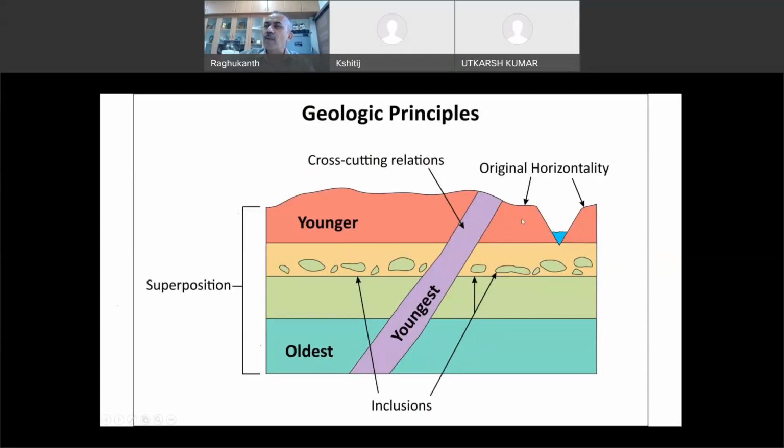Still the properties here and here will be the same. Then cross cutting, and these green things are inclusions from the rock below, so they are older than the layer where they have been deposited. With these rules you should be able to explain any geological process by looking at a cross section.